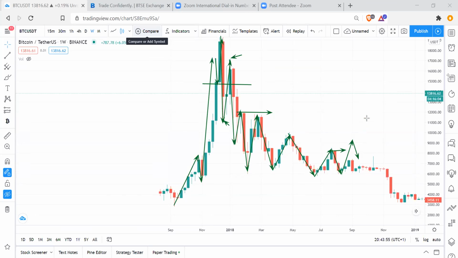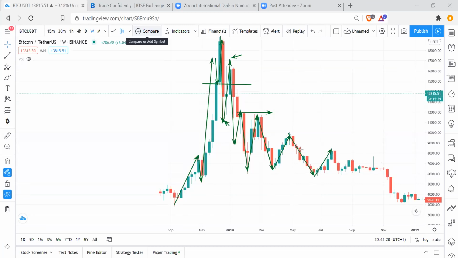That's clear, right? So we have a higher low in the mini trend, but it is still a downtrend until it is confirmed. Since it's a higher low, this is a higher high, higher low, higher high. But once this is confirmed, once this breaks, all this in between turns to noise.